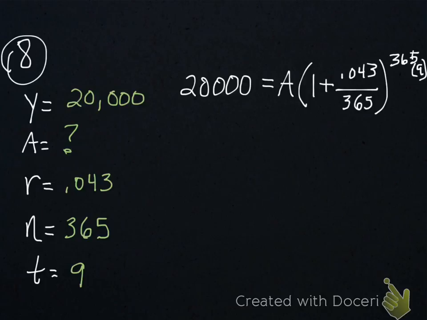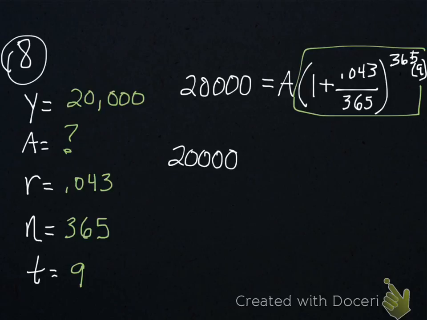That's a lot, but that's okay. The calculator can handle it. Remember, we're just putting that second box, the parenthesis part, into the calculator, to get one number for it. So 20,000 equals A times what? I get 1.47.